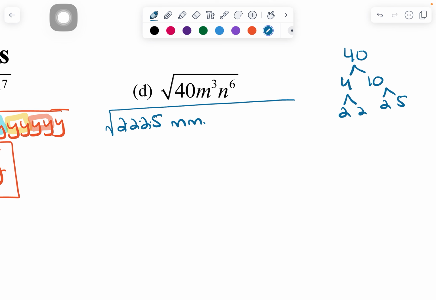Let's see, 1, 2, 3 m's, 1, 2, 3, 4, 5, 6 n's. So let's see, what pairs up here? All right, I have a pair of 2's. I have a pair of m's. I have one pair of n's and another pair of n's. And oh, look, a third pair of n's.